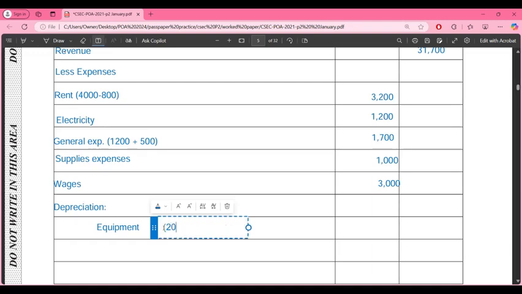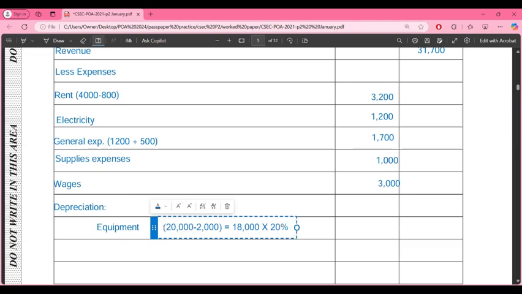This is the one that has the reducing balance method. So it's 20,000 as we had noted, less $2,000, which is the accumulated amount, and that gives a net amount of $18,000. So this is a net book value amount.